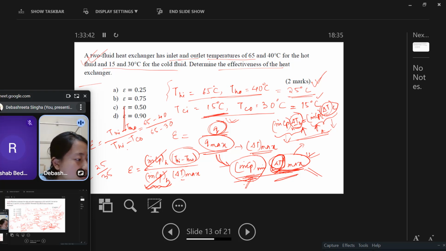So if the values are given, you have to find out from the values. The maximum temperature difference is from here. I mean 65 minus 30, if you do, you will get 35. But if you do 65 minus 15, you get 50, right? I'm extremely sorry, this should be Tci. 25 by 50.